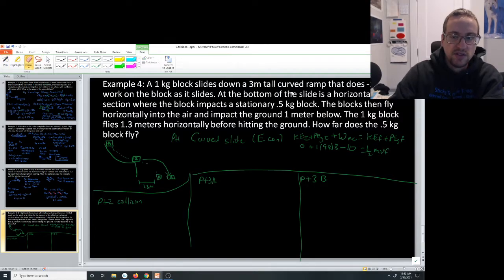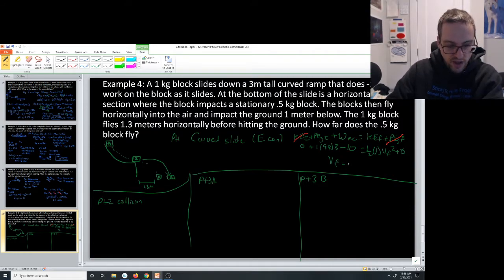Sorry, I know what m is. So 1/2 times 1 times v final squared, and I should have said this earlier, but this is 0 and that's 0, right? The height at the end is 0 plus 0. If I work this out, v final is going to be 6.23 meters per second.